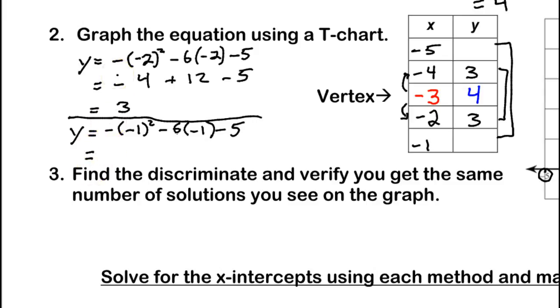Calculate it. Good. This equals 0. 0 for both.